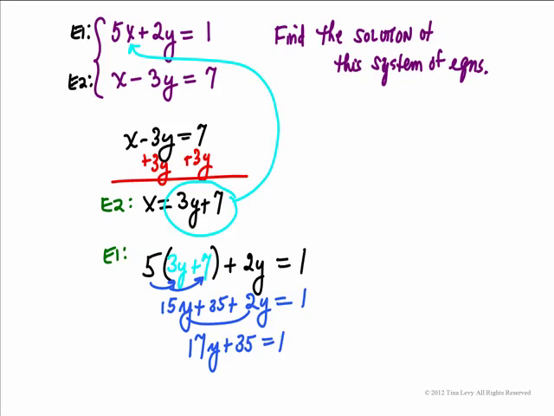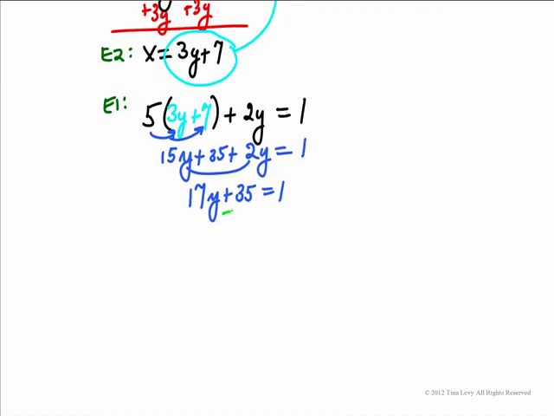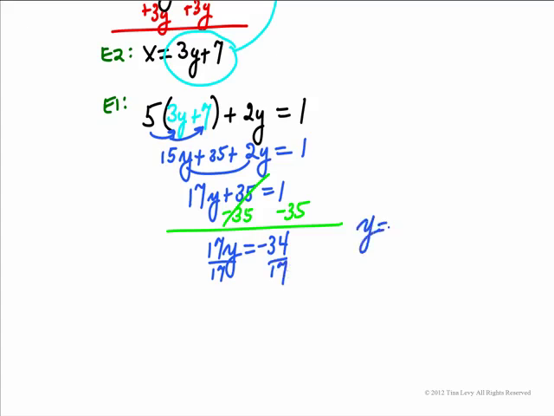Now I can subtract 35 from both sides. I get 17y is 1 and negative 35 is negative 34. Dividing by 17, I get y is negative 2. So now that I have y, it's very easy to go to the x equal expression.